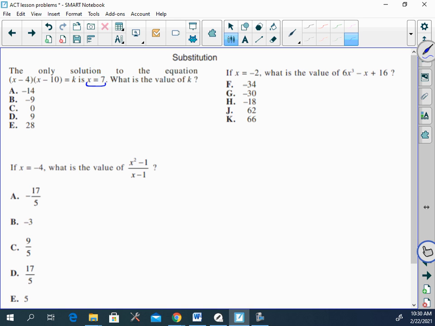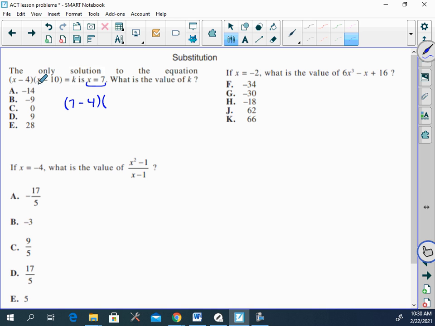If we are taking x equals 7, which they give us, and they tell us the only solution to this equation is x equals 7, and we're trying to find what k equals, you're going to take 7 and substitute it in where you see x's here. So instead of x minus 4, we're going to put 7 in the x spot. So this would be 7 minus 4.